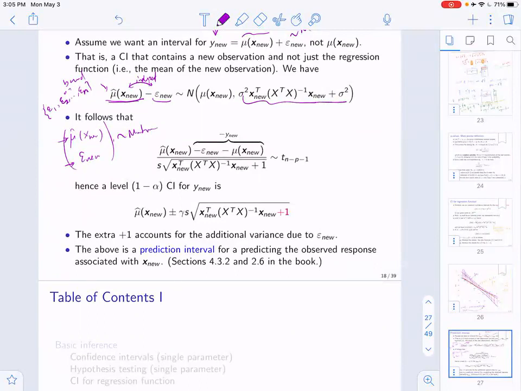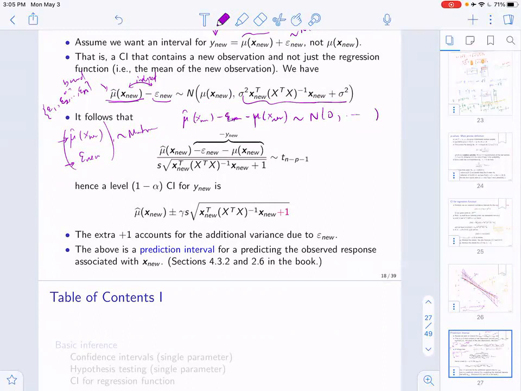Now, if I have this, then you can easily see that if I subtract the mean, I get a normal. So I get mu hat x nu minus epsilon nu minus mu of x nu. I'm subtracting the mean here. So this would be normal with mean 0 and the same variance.